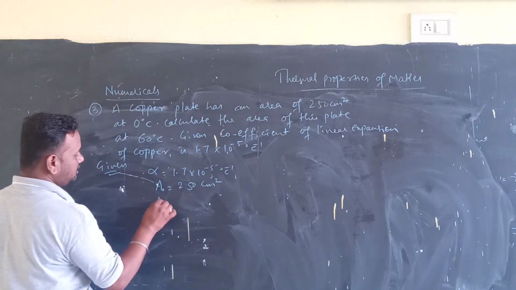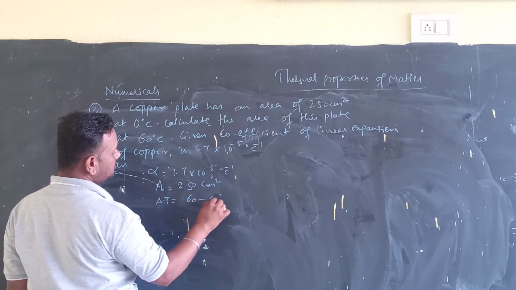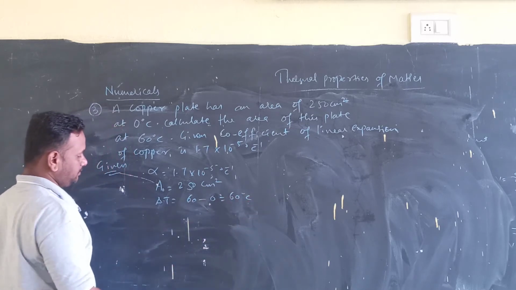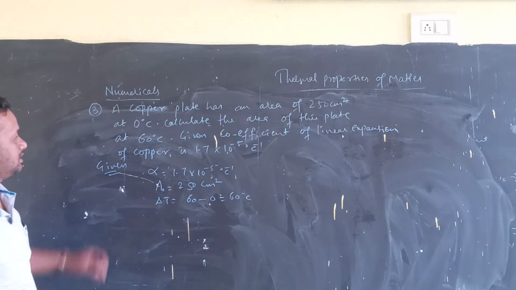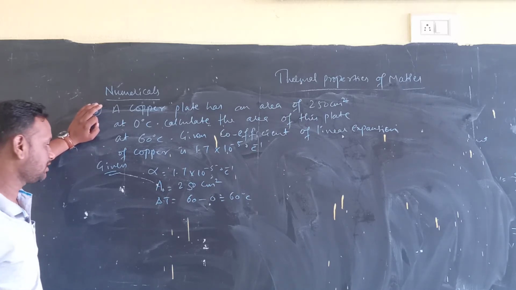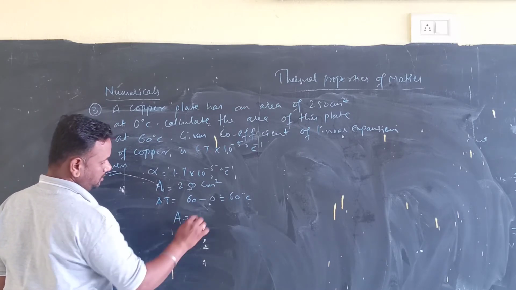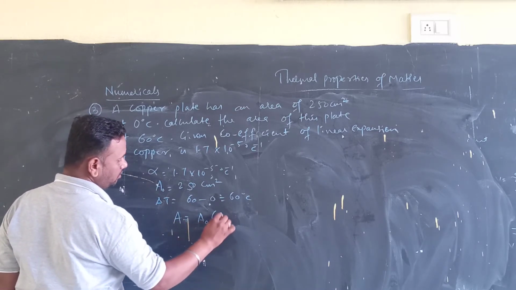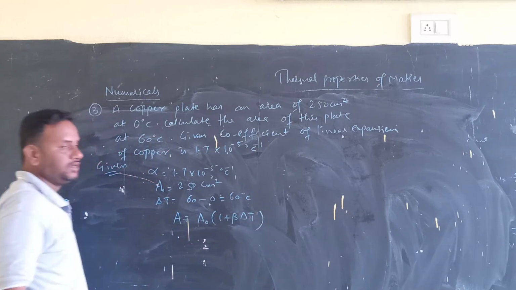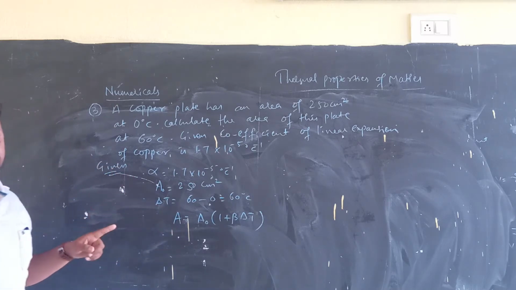Change in temperature is how much? 60 minus 0, that is 60 degree Celsius. Now let us calculate the area of this plate at 60 degrees Celsius. Then A is equal to A naught into 1 plus beta delta T. So this relation we have to use. This is the total area at the final temperature.